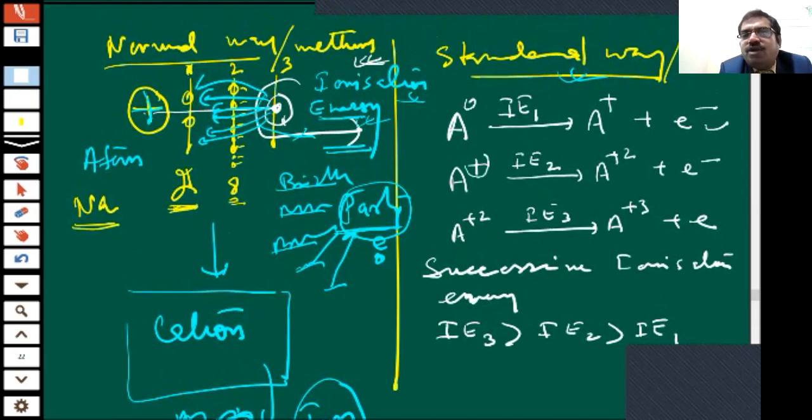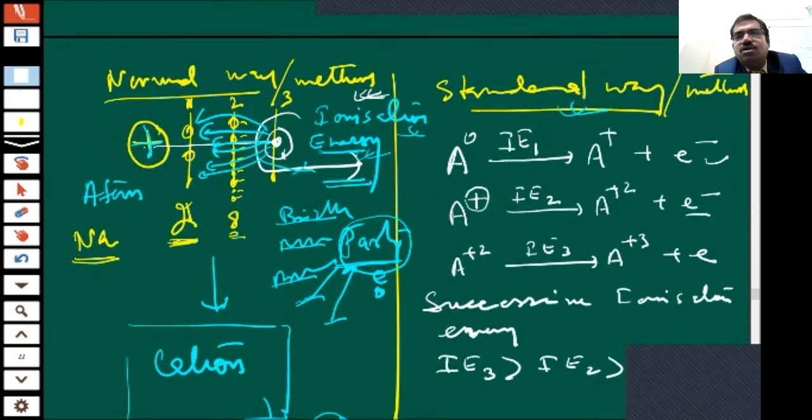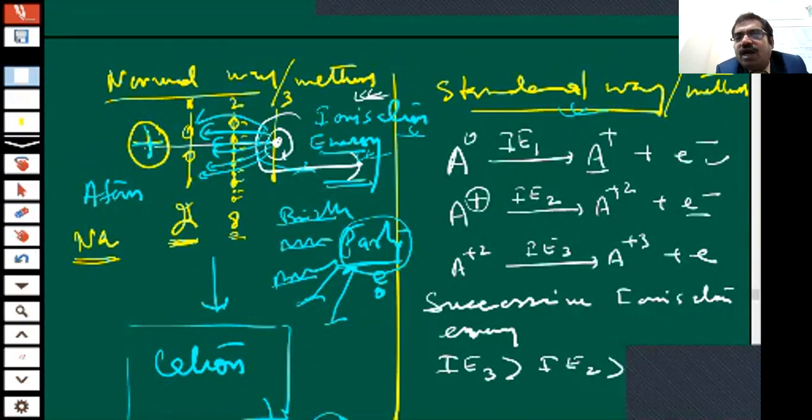The second one is already positively charged, and from a positive charge you cannot remove an electron easily because the electron is negative charge. Anyhow, children, this is the atom and this is the cation, and a cation is also known as an ion. So this energy is known as ionization energy.